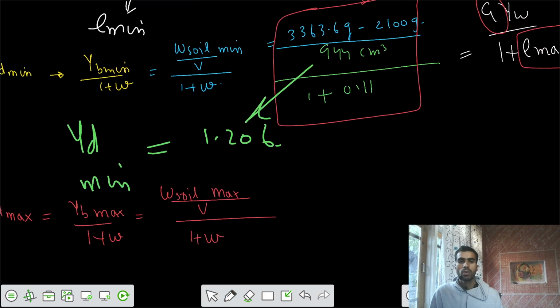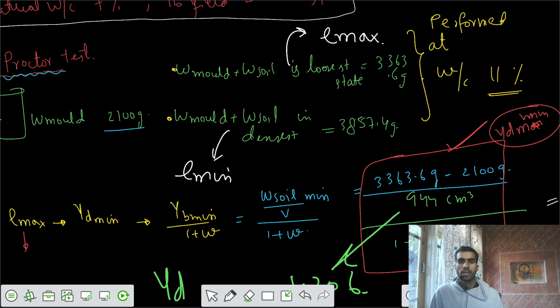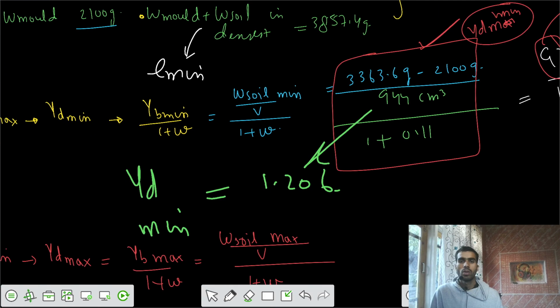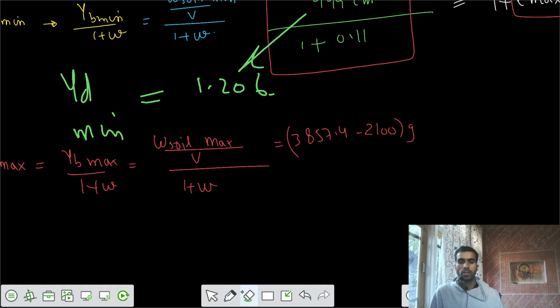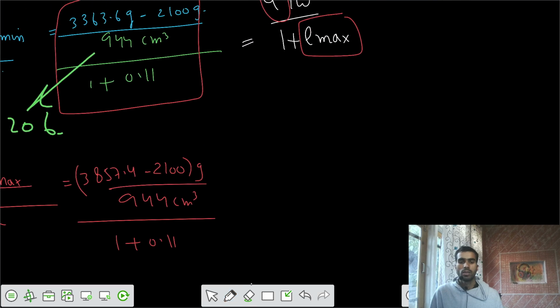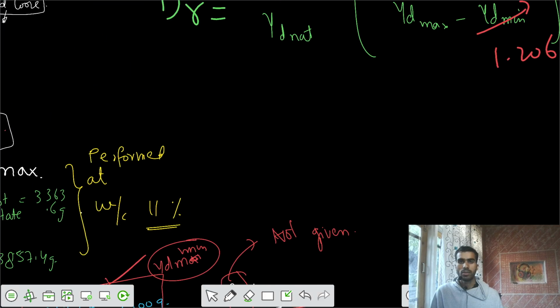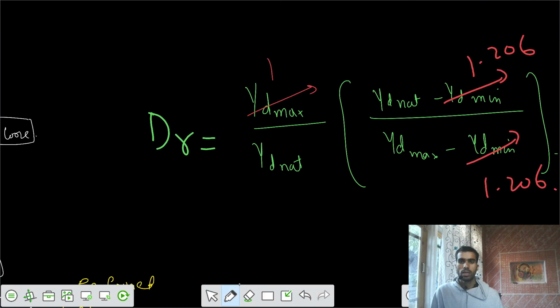The weight of the soil is 3857.4 grams minus 2100 grams, divided by the mold volume of 944 centimeter cube, divided by 1 plus water content. This comes out to be 1.677.